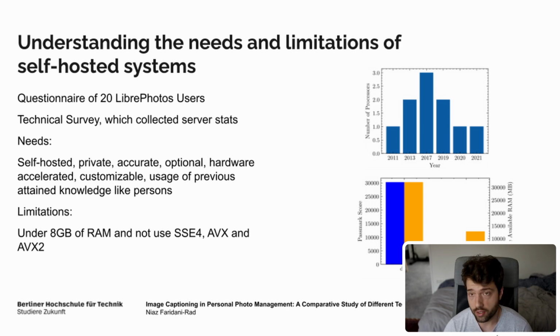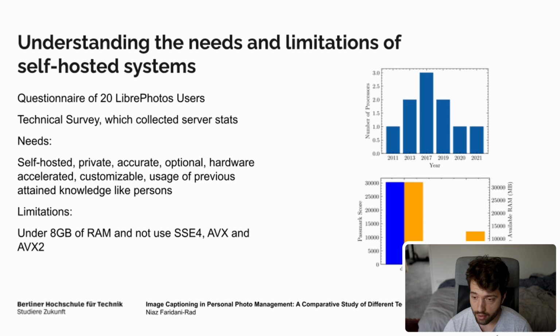It should be as accurate as possible, obviously. Some people don't really care for that use case, so it should be optional. Hardware acceleration is also a big point, so you should be able to use a GPU or an NPU. And it should be customizable, so more factual or more creative.